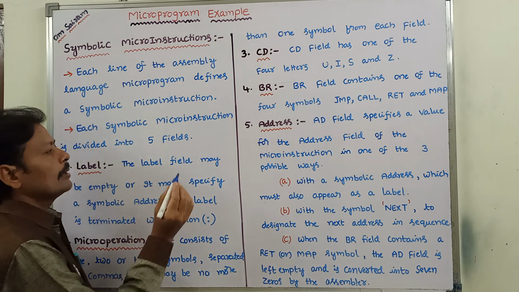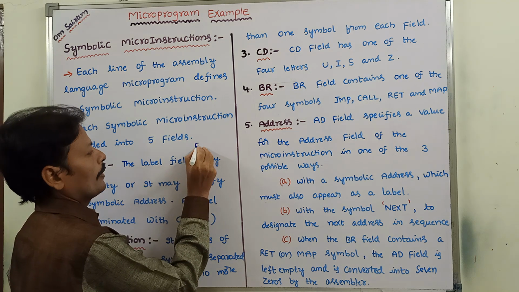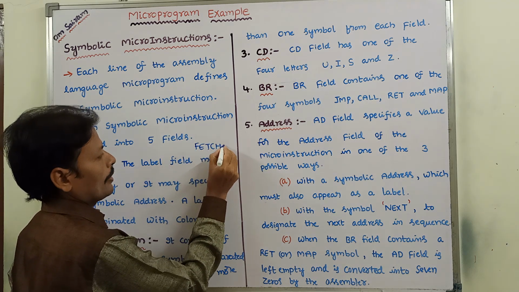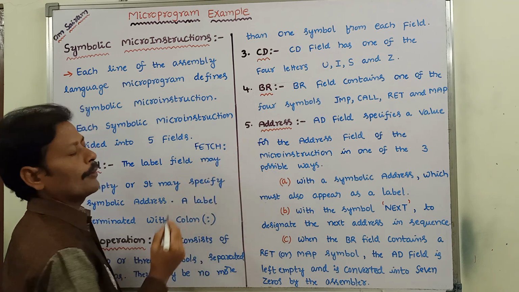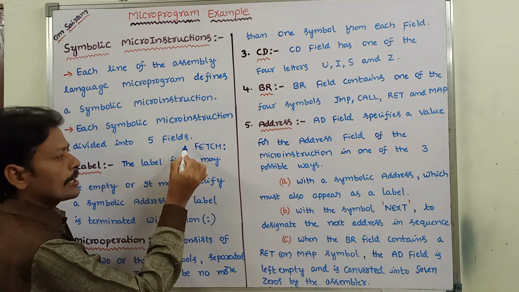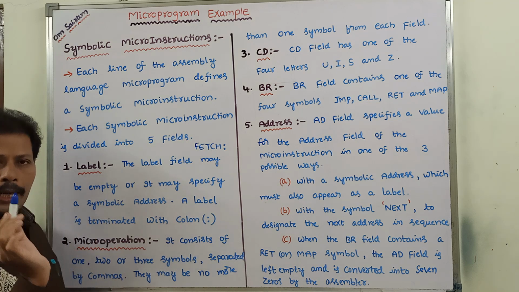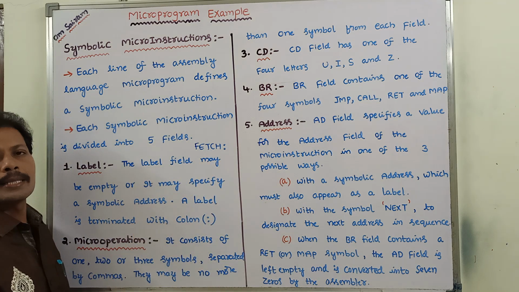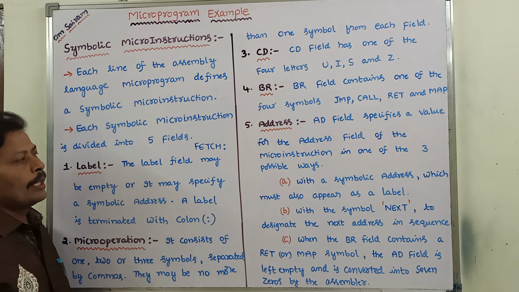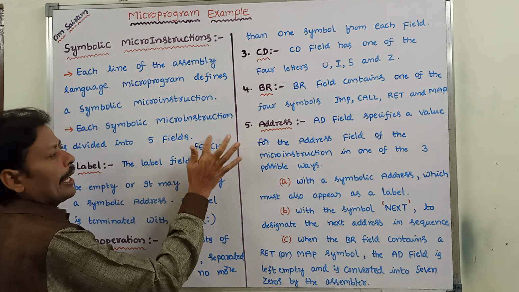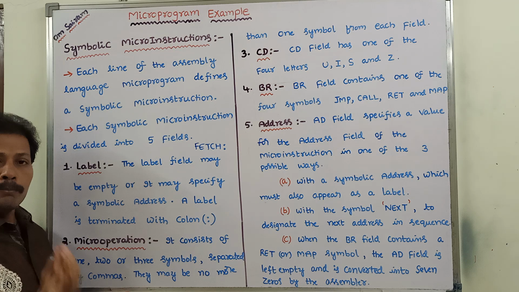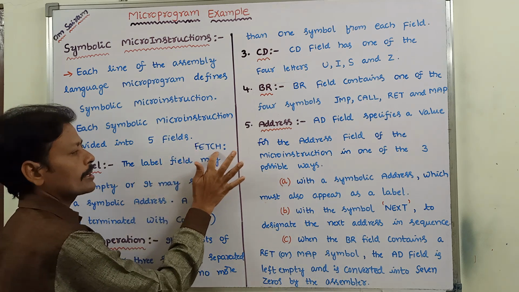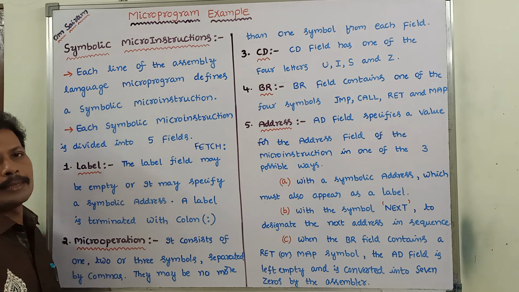For example, Fetch colon. Here Fetch is called a label. Each label is terminated with a colon. Sometimes a label field may be empty, sometimes it may contain a symbolic address.